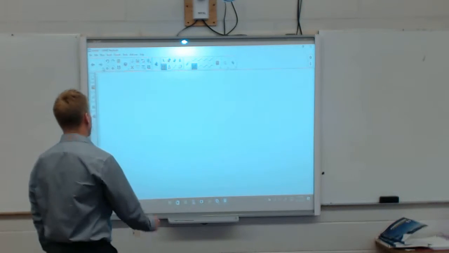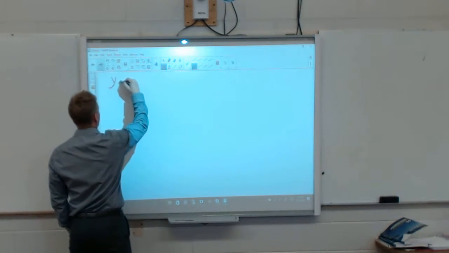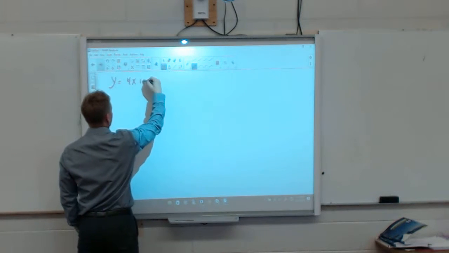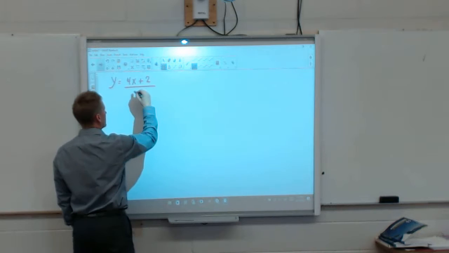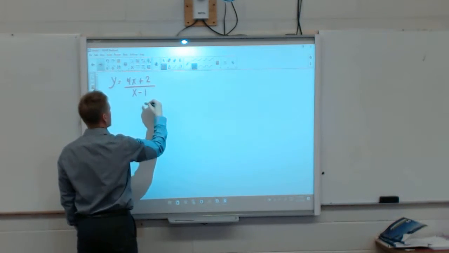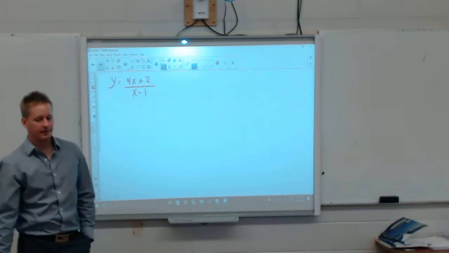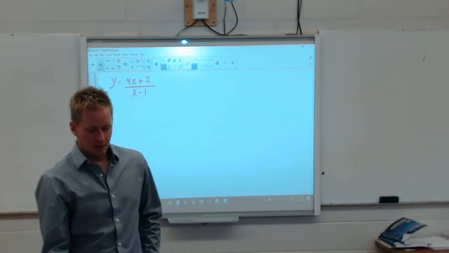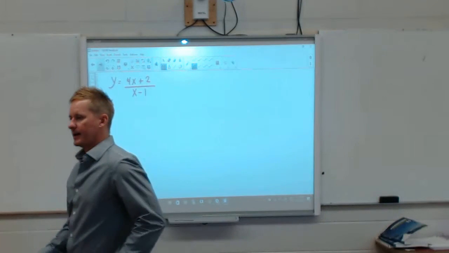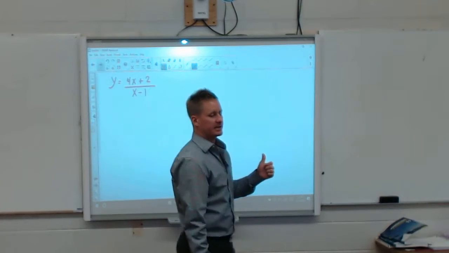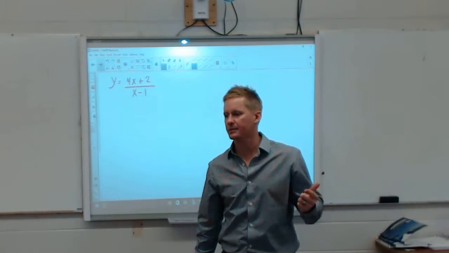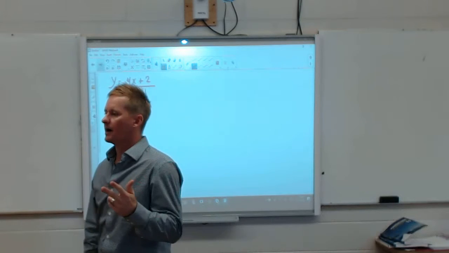Okay, so we're going to start this time. Y equals 4x plus 2, correct? Over x minus 1. Okay? So, again, when we do the sketches, we want x-intercepts, we want y-intercepts, we want those key values.